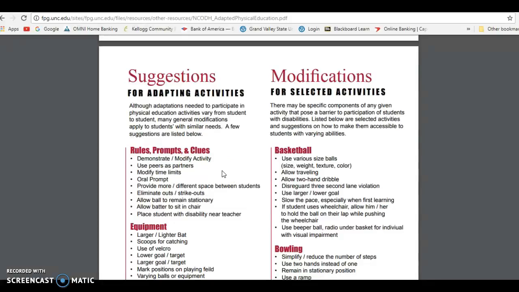So for disabled learners, you could use a non-disabled learner to help them out with different aspects of whatever activity we will be doing in class. We can modify the time limit, either shortening or lengthening it, depending on the limitation of the learner.